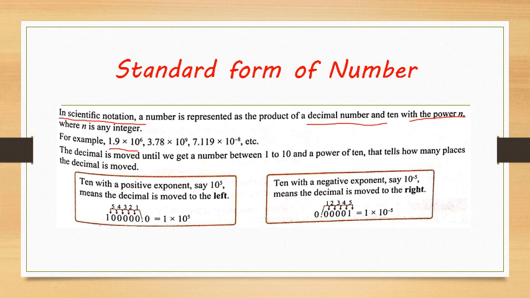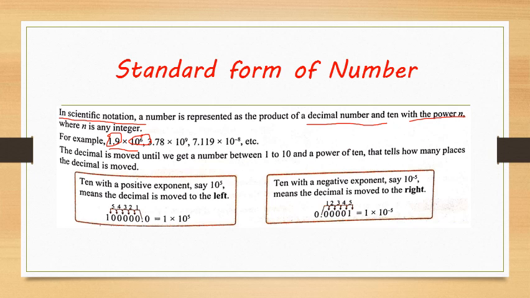It is a product of a decimal number, 1.9, and 10 to the power n, where n here is 6. Another example is 3.78 into 10 to the power 9, and 7.119 into 10 to the power minus 8. These are standard forms or scientific notation.